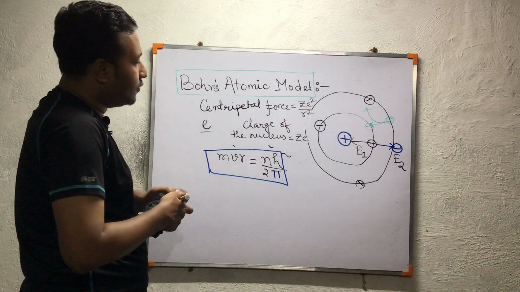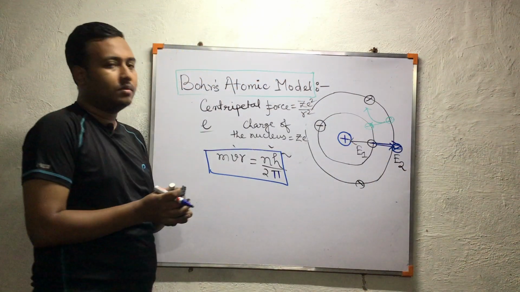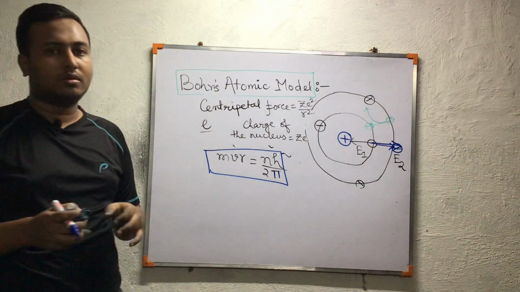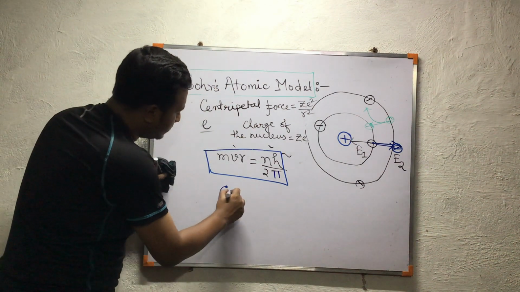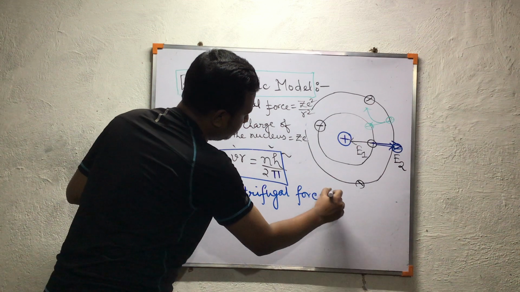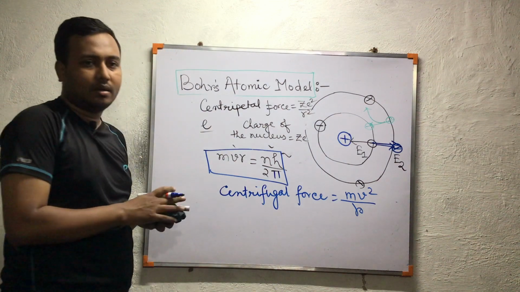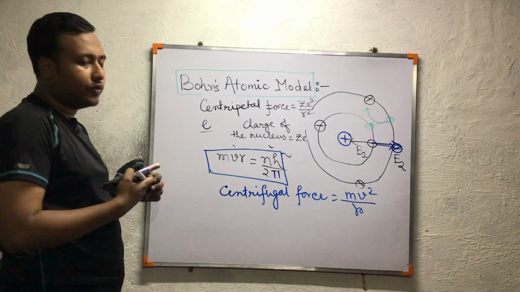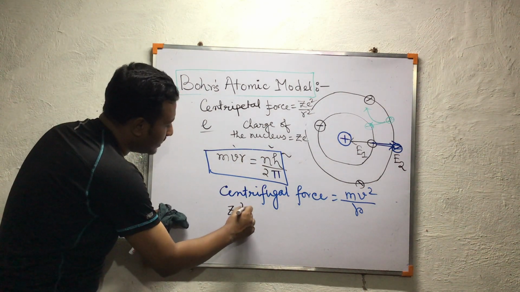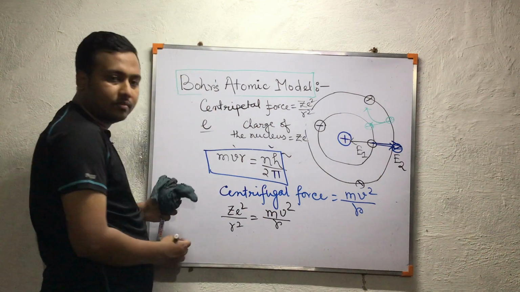There is also another force, the centrifugal force, which acts outward, opposite to the centripetal force, and it equals m v square divided by r. Now these two forces balance each other, so we can write Z e square by r square equals m v square by r.